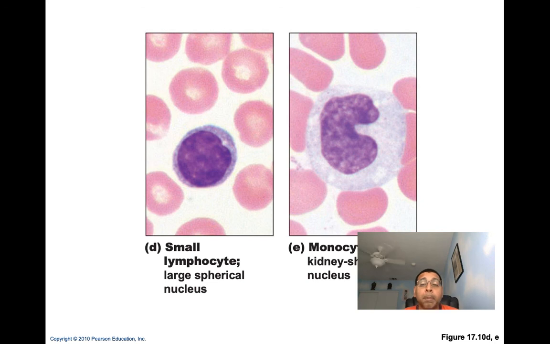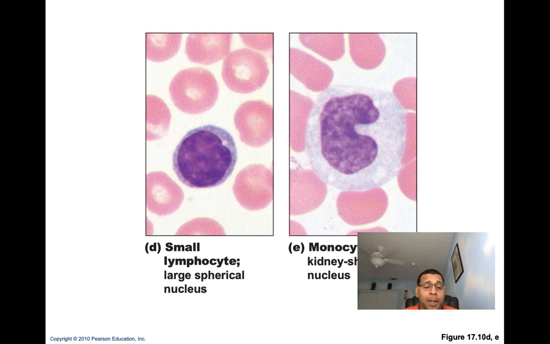Next, we have our platelets. When we talk about their structure, they're discoid cytoplasmic fragments that contain granules. They stain a deep purple, and their lifespan is anywhere from 8 to 9 days.